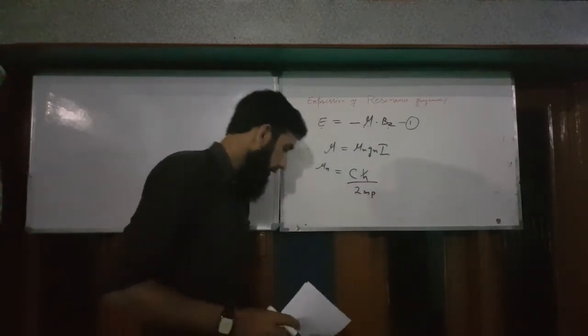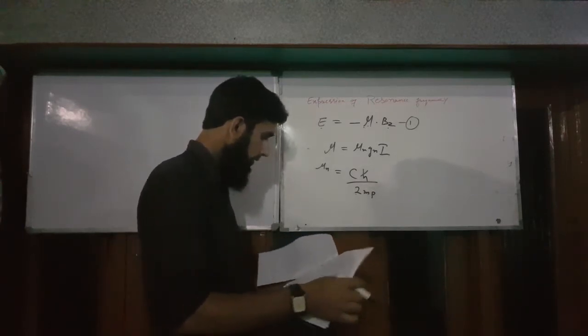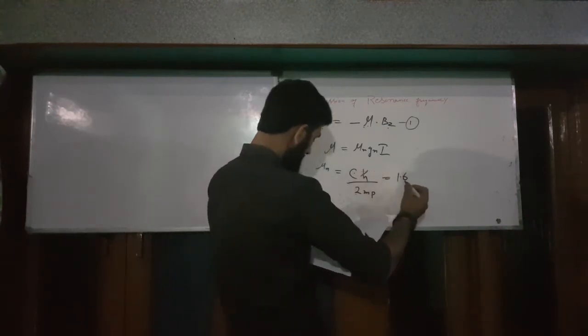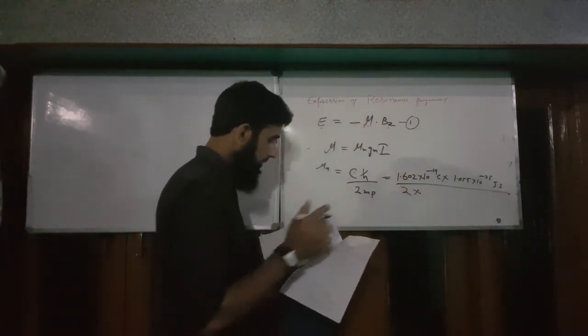When we put in the values, the charge is 1.602 × 10^-19 coulombs, multiplied by 1.055 × 10^-34 joule second, divided by 2 times the mass of the proton, that is 1.67 × 10^-27 kg.